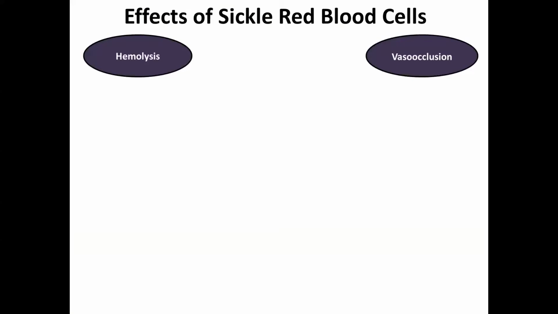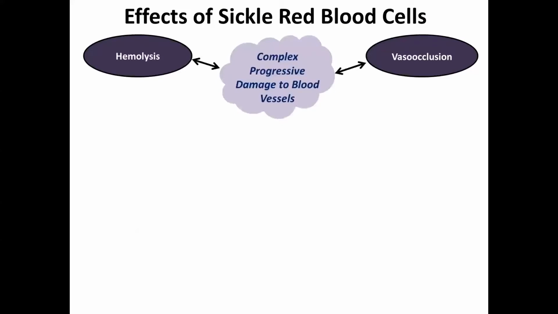It's all about the sick or abnormal red blood cells. That's the cause of all the problems. On the other hand, it is somewhat complicated in the sense that individuals vary with sickle cell in terms of how much hemolysis and how much vaso-occlusion they have, and how the hemolysis and the vaso-occlusion combine to cause a complex progressive damage to blood vessels over time.